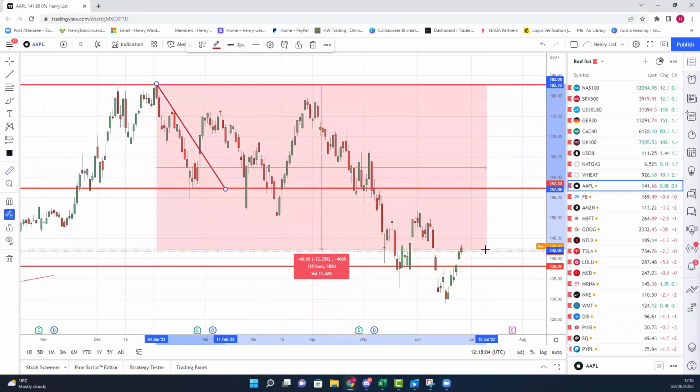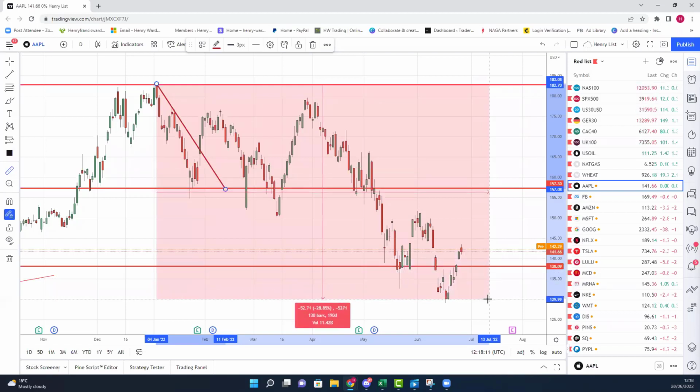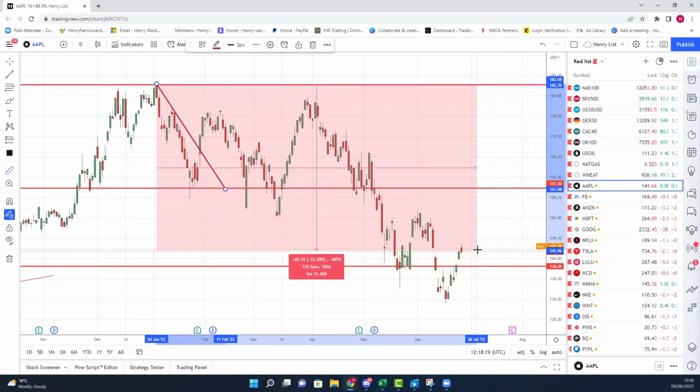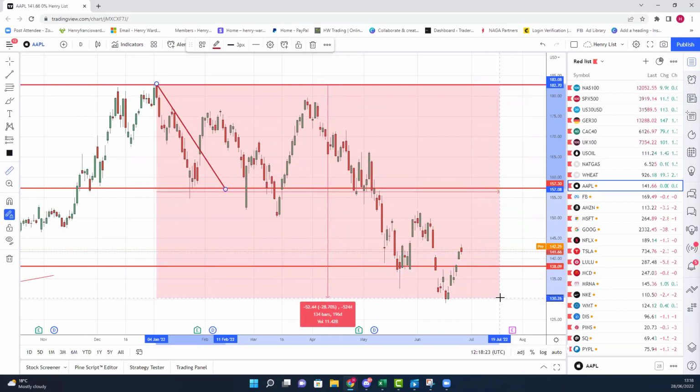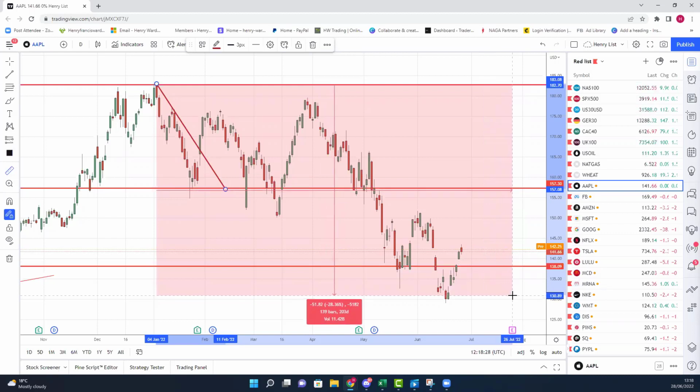It's now had a mini revival. But again, if Apple drops back down to 30%, do we think that is a good place to buy it? You could be thinking right now is a good place to buy it, or wait for a double bottom. So you put your entry somewhere around there, the 130 mark. Do we think Apple will recover?